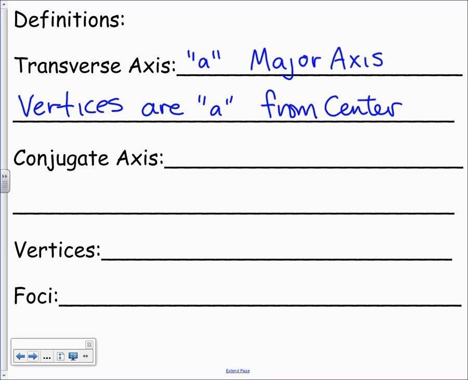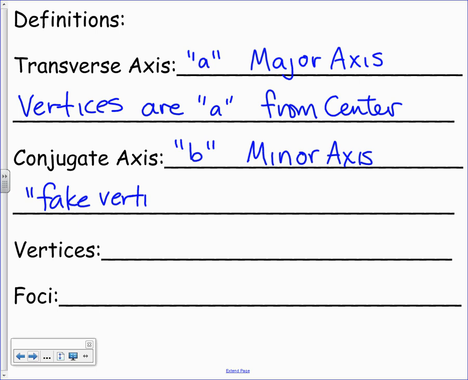On our conjugate axis, that's going to be used with B. That's going to be the equivalent of our minor axis. And this is where we're going to talk about having fake vertices. I call them fake vertices because you don't actually see them as any point on your graph. They're not really part of it. Fake vertices are B from the center.